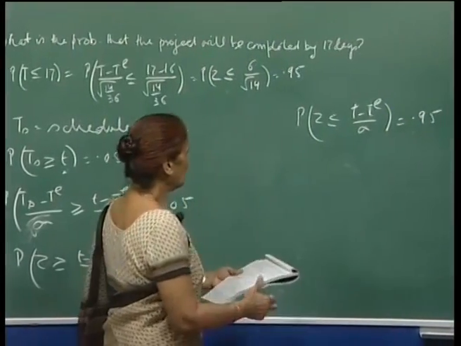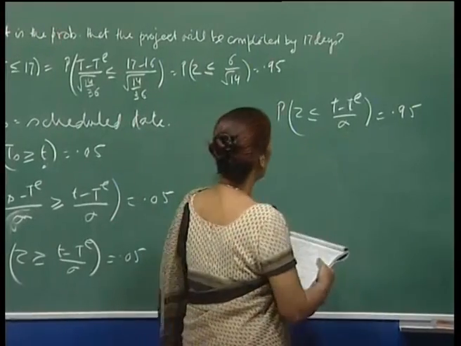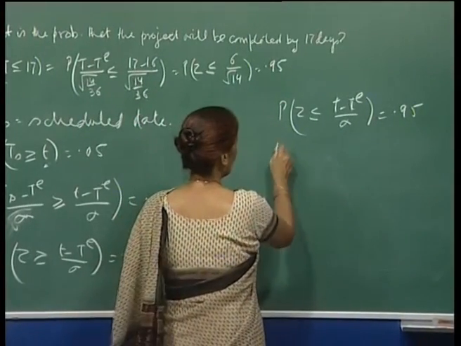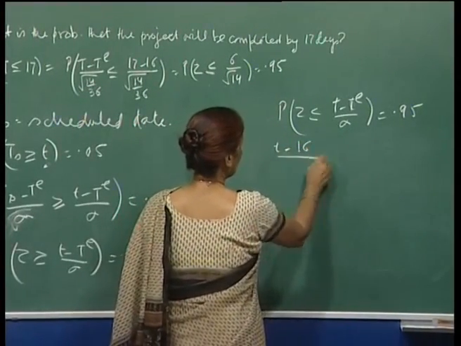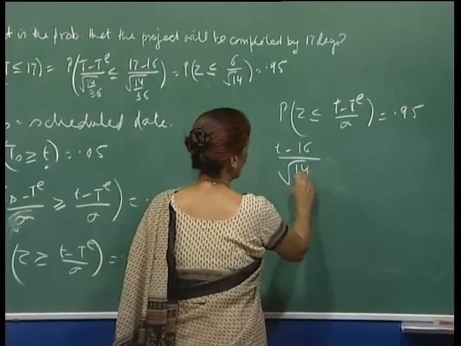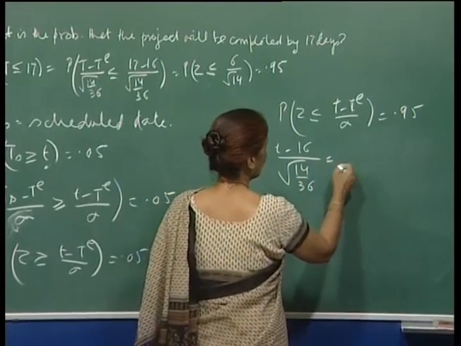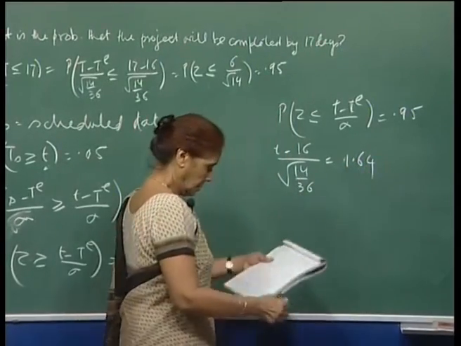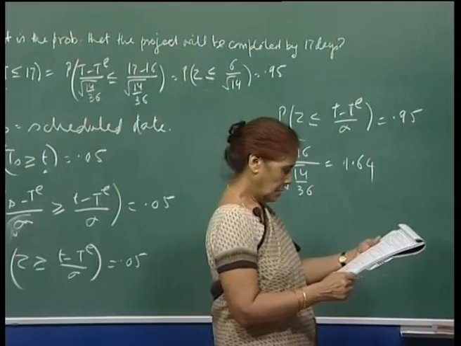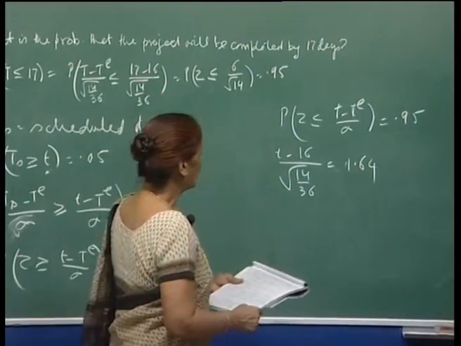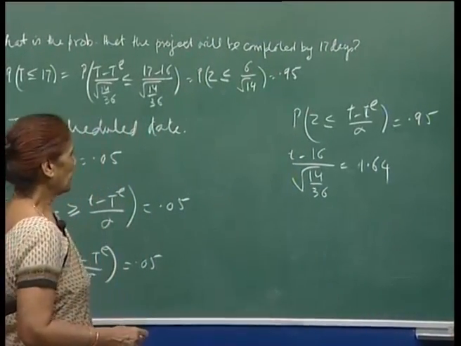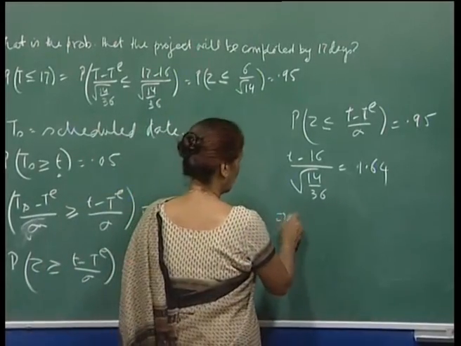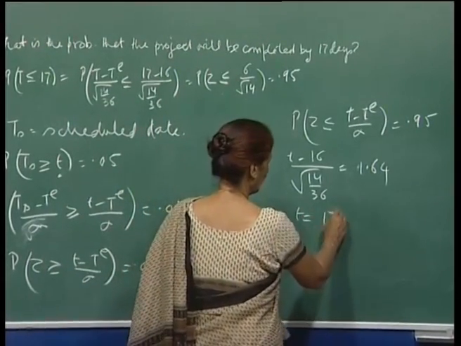You know that your T e was 16 and your sigma was root 14 by 36. So, (T minus 16) upon root 14 by 36 is 1.64, which comes out from the normal tables. This implies that your T is equal to 17.